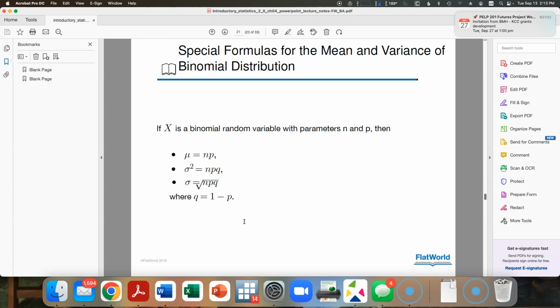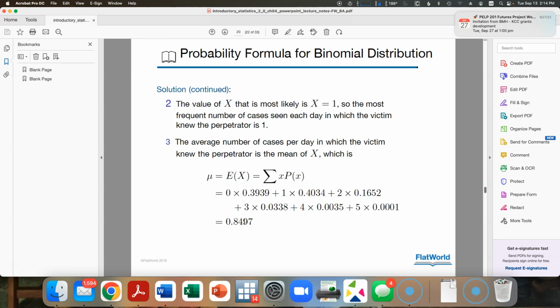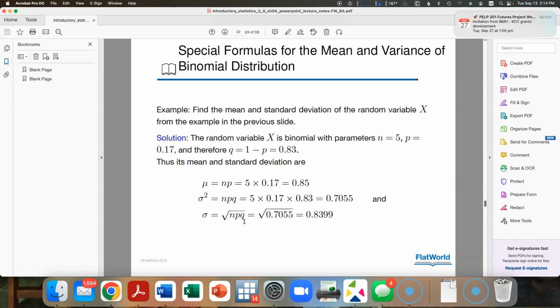Star this, make a note that these are the equations that we have here for finding our mean, our variance, and our standard deviation. But there's not much more I would do beyond that. Except on the next slide where you do have to solve for some of those. But again, all you're doing here is plugging in the numbers and solving for mean, for variance, and for standard deviation.